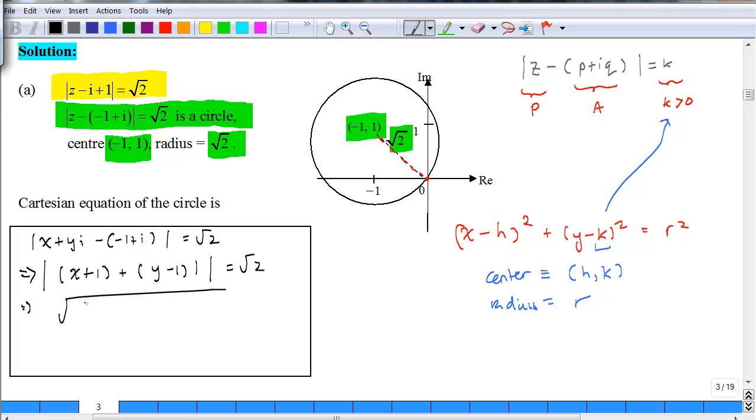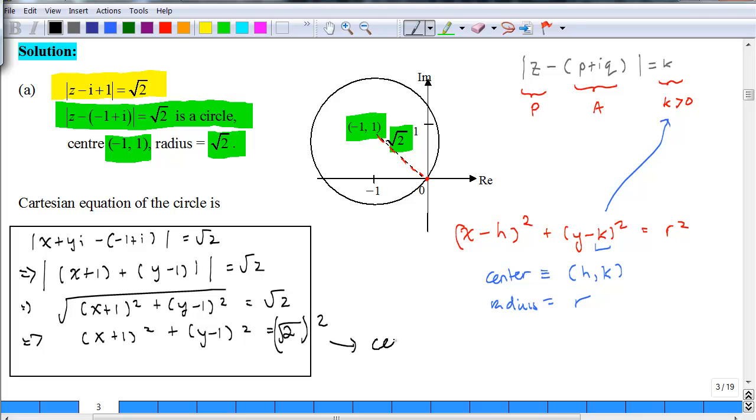You will have the square root of (x plus 1) squared, and so on, is equal to root 2, and this can be reduced to the standard form, which shows you the center as (-1, 1), and the radius is equal to root 2, as we have already established earlier on.